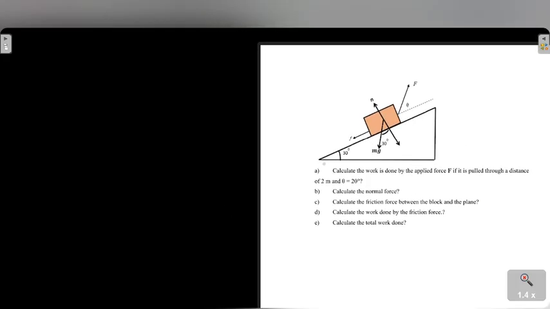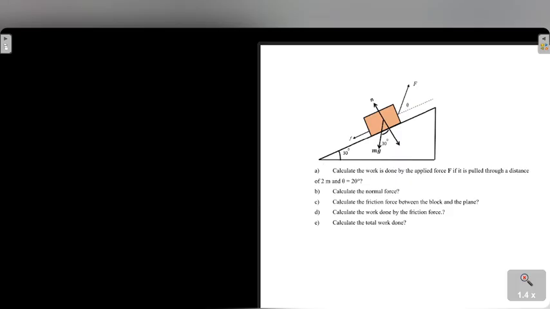So we have A, which is saying calculate the work done by the applied force on the block if it is put through a distance of 2 meters and at an angle of 20 degrees. So how do we calculate the work done by the applied force if it is put through a distance of 2 meters and theta equal to 20 degrees?